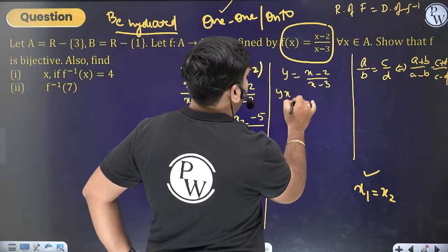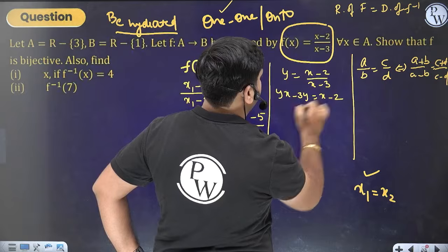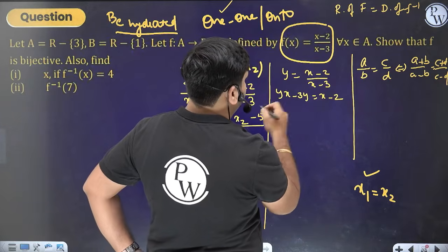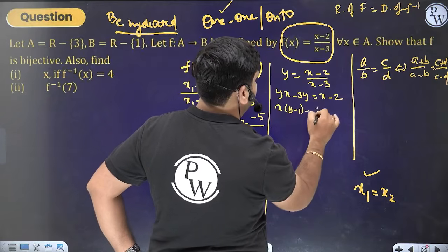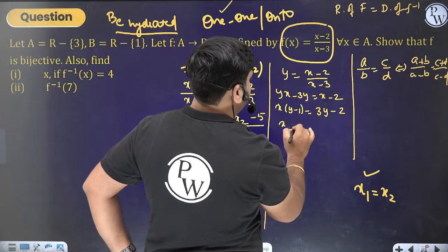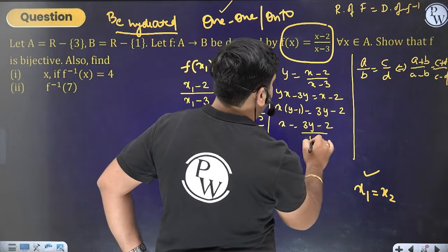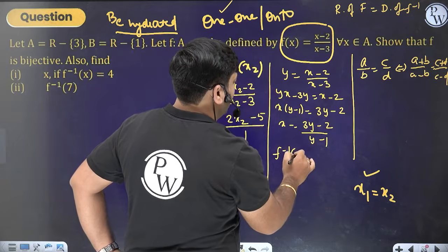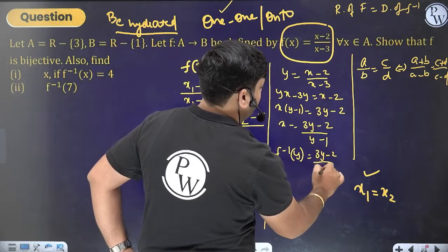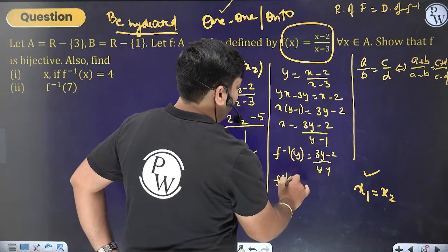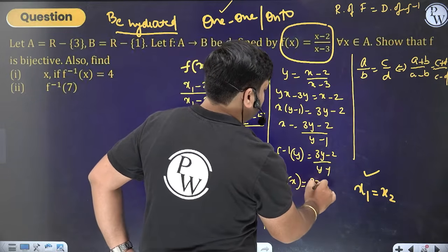So yx minus 3y is equal to x minus 2. If you bring x together, x times y minus 1 is equal to 3y minus 2. So x is equal to 3y minus 2 by y minus 1, which becomes f inverse. So f inverse of x is equal to 3x minus 2 by x minus 1.